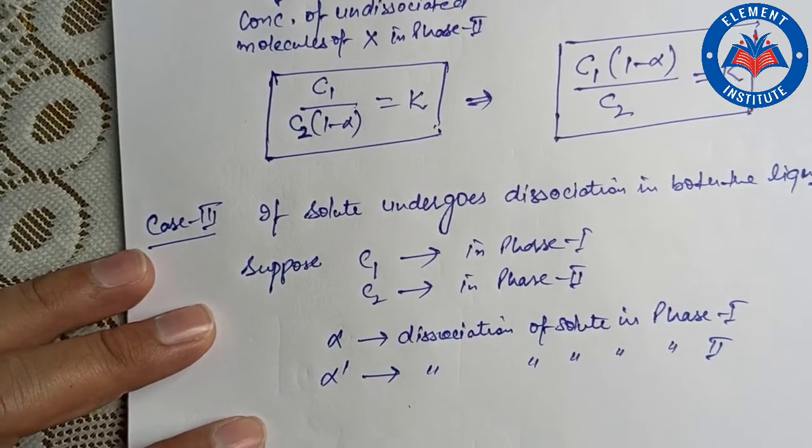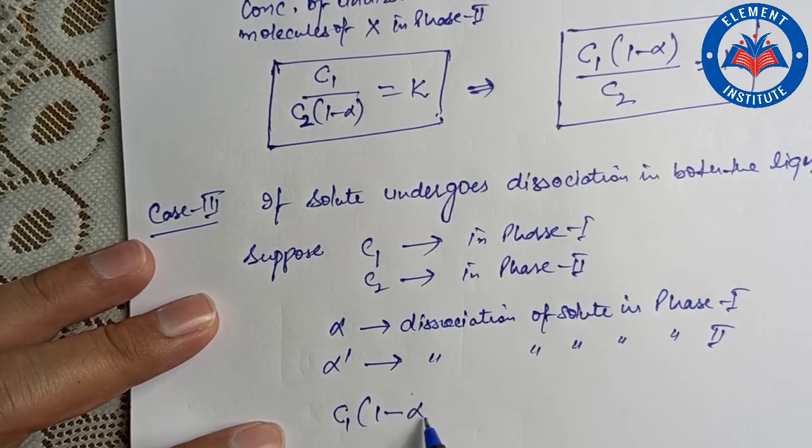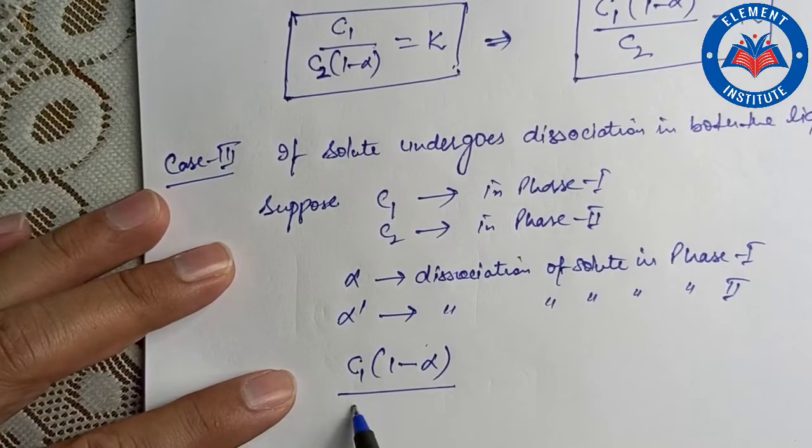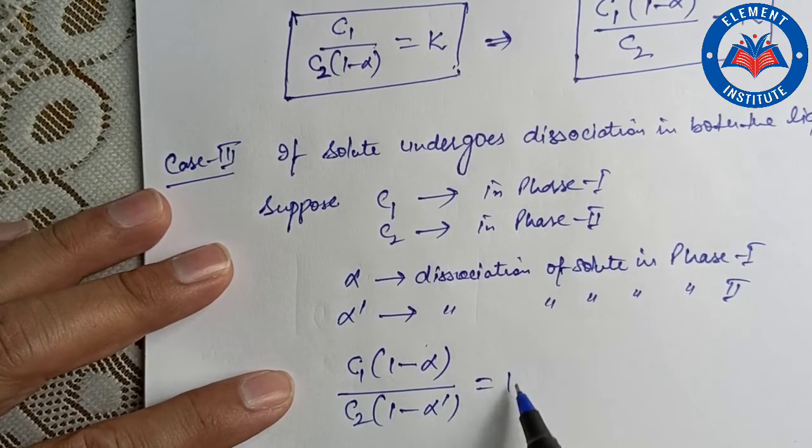In that case, we will have C1 1 minus alpha upon C2 1 minus alpha prime is equal to K.